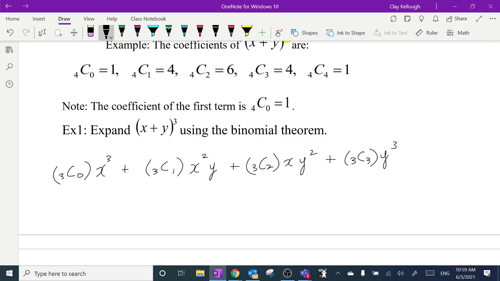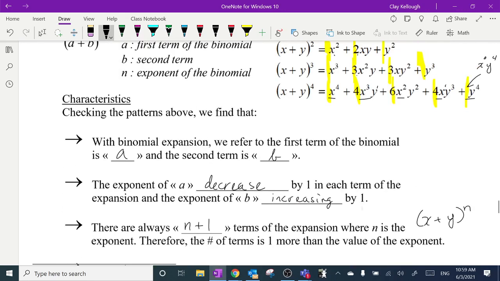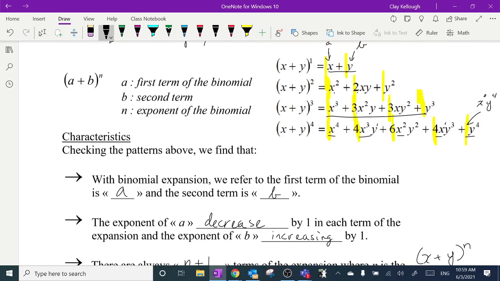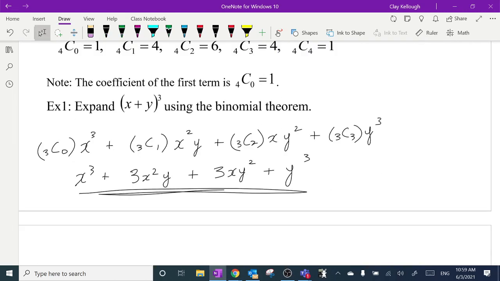What's anything choose 0? 1. 3 choose 1 is 3. 3 choose 2 is also 3. And 3 choose 3 is again 1. And that's what it's supposed to be if you look back at what we had before. So there we go. There is how we expand a binomial using combinations.